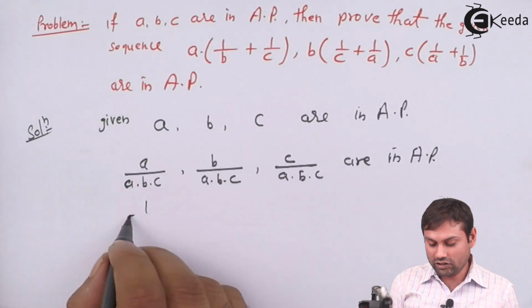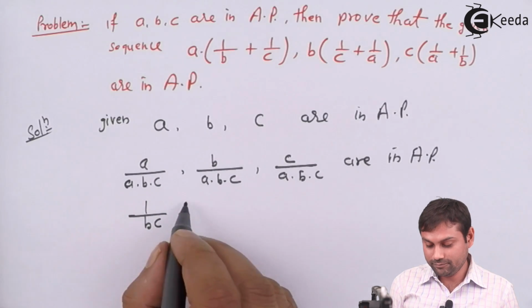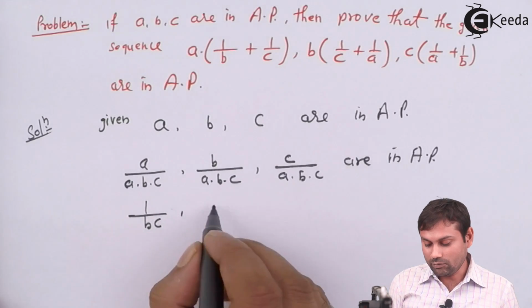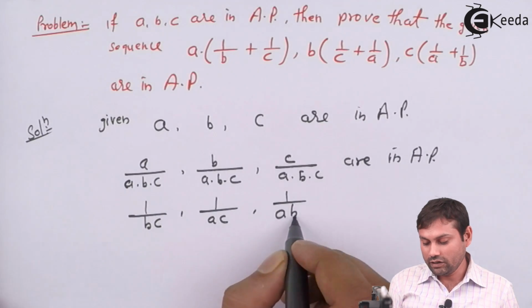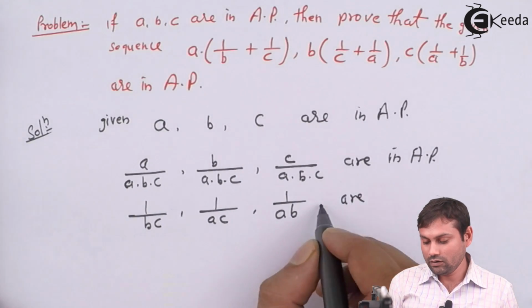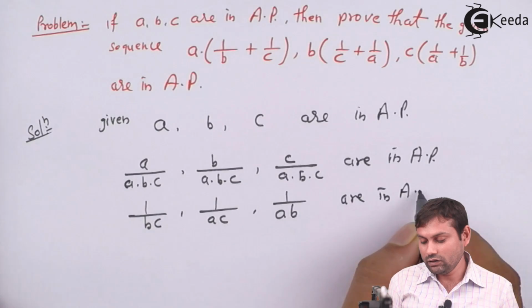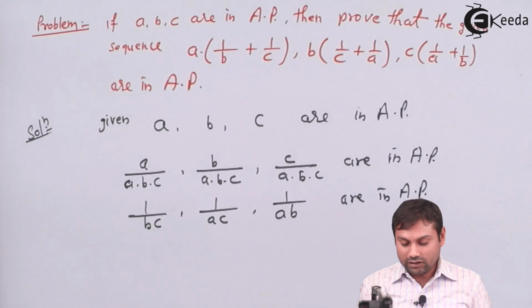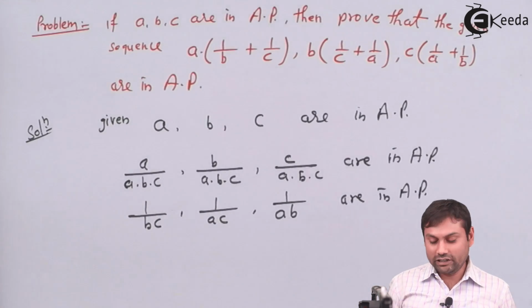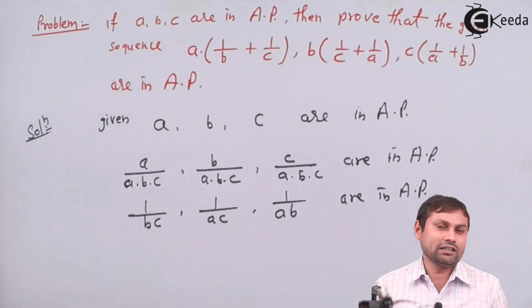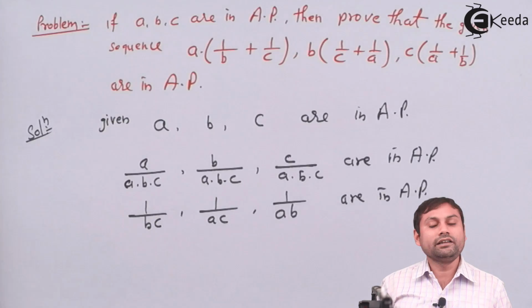Now this is 1 upon BC, comma 1 upon AC, comma 1 upon AB are in AP. Again, now we can multiply by a fixed constant number. In that case also the given sequence are in AP.